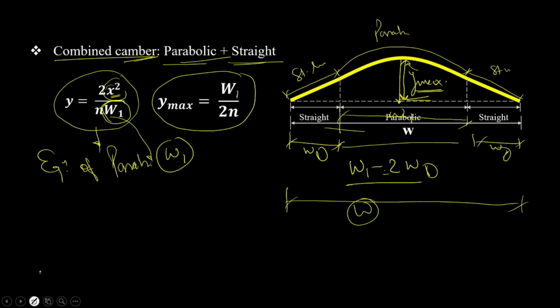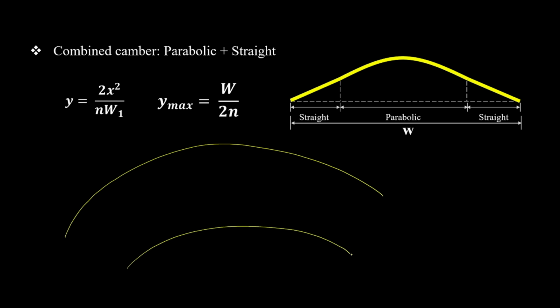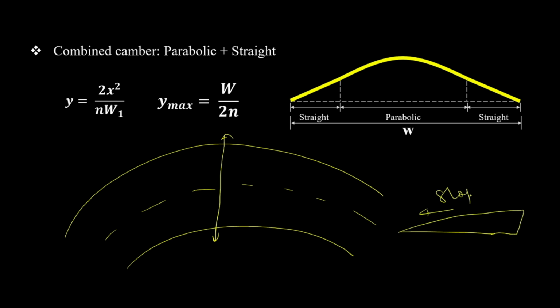Here I have some empty space. So suppose our road has a curve. On this curved side, if we cut a section here, the road will look like this, meaning the slope will be in only one direction.